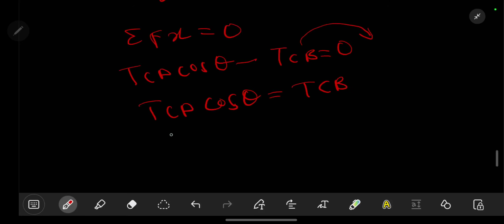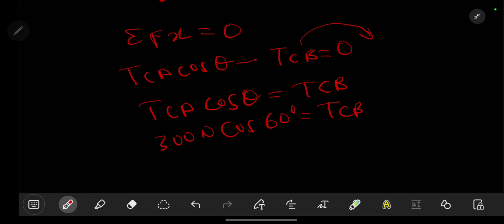Then the tension produced here is equal to 300 newtons, which we have found, times the cos of our 60 degrees, which should be equal to the tension in CB, which is the middle part. So we have 300 cos of 60.